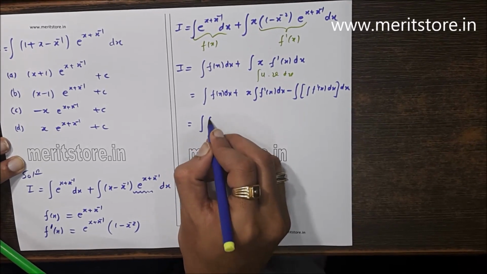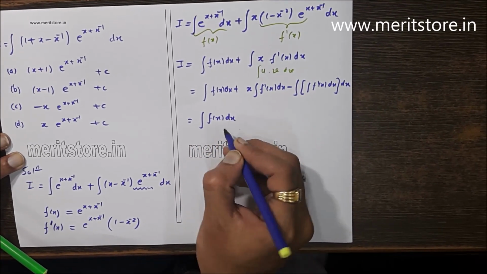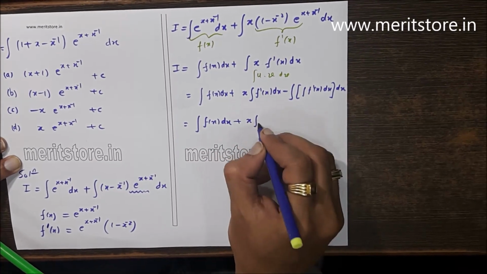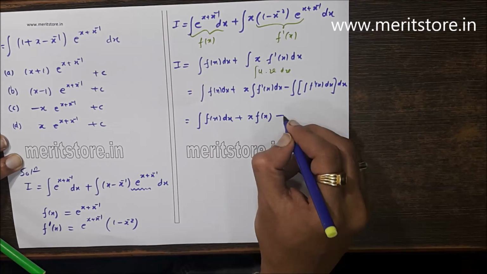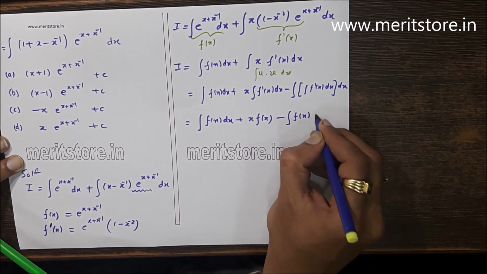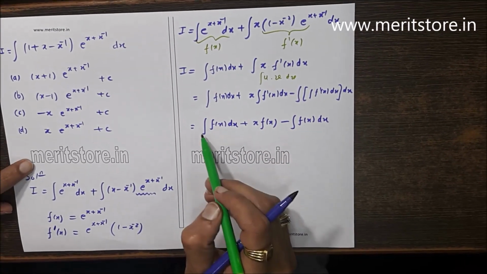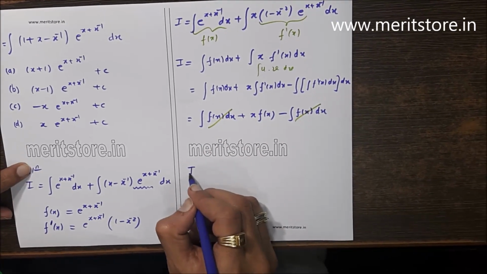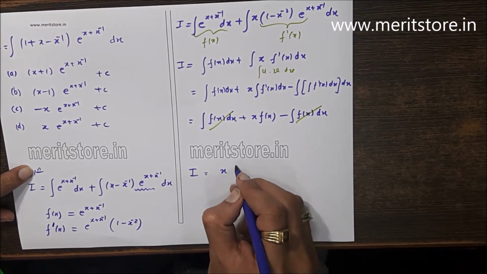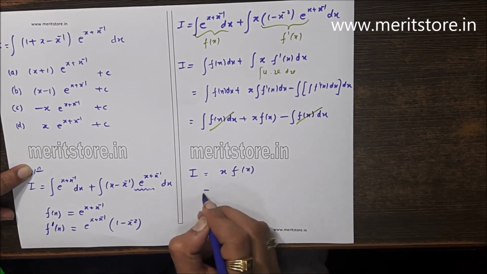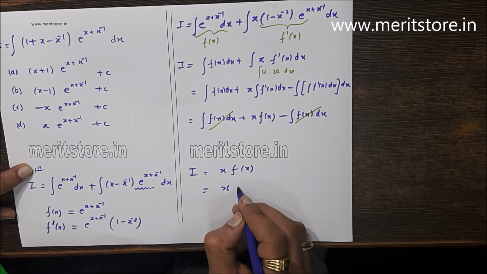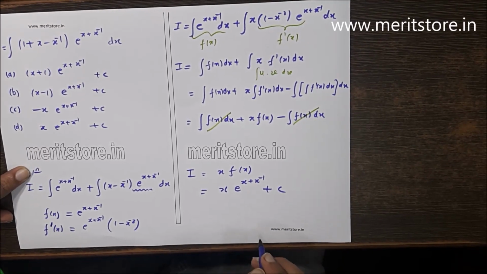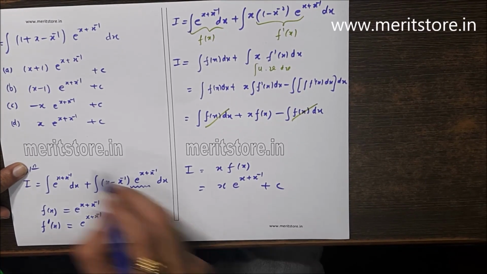Solving this, it will become integral of f of x dx plus x f of x minus integral of f of x dx. So integral of f of x dx cancels. My answer of the question becomes x into f of x, where my f of x is nothing but e raised to x plus x raised to minus 1, plus c, which is our option D.